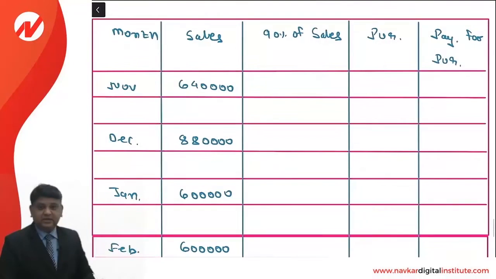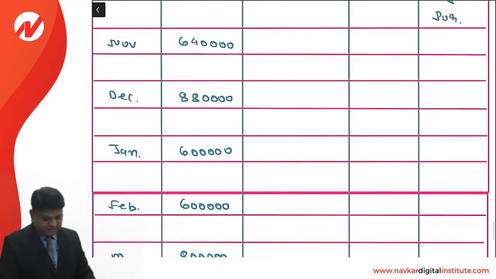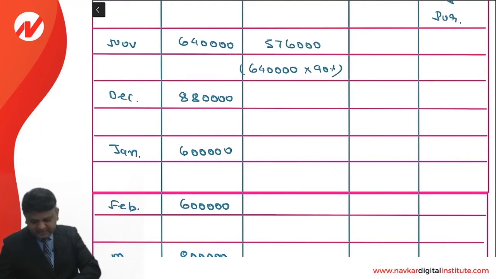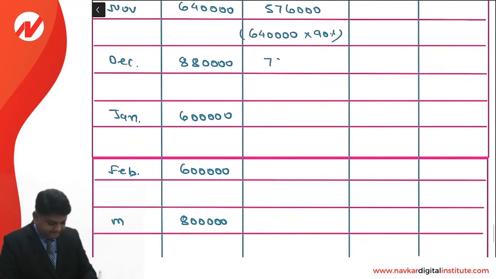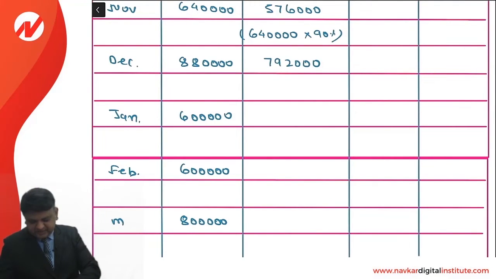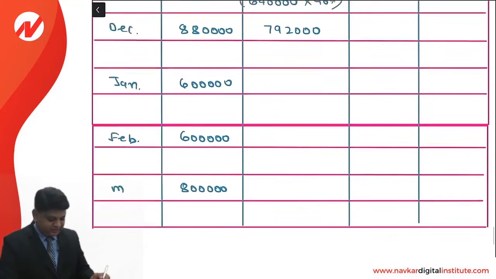Then I am calculating 90% of the sales. So it is 5,76,000. So 6,40,000 into 90%. Then 8,80,000 into 90%, 7,92,000. 6 lakhs into 90%, 5,40,000.